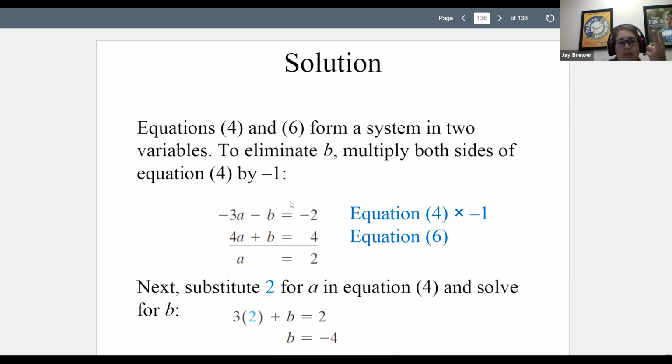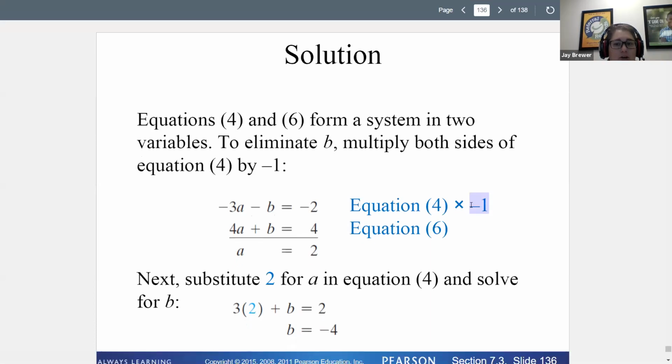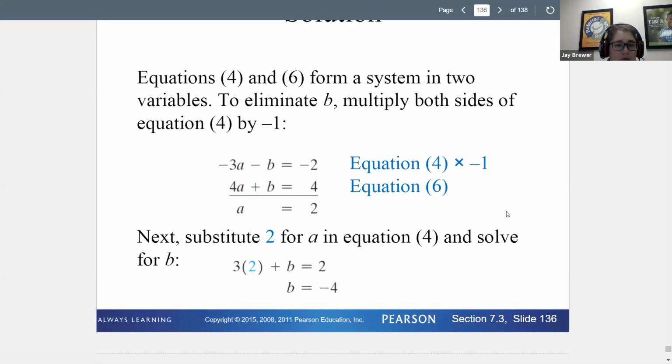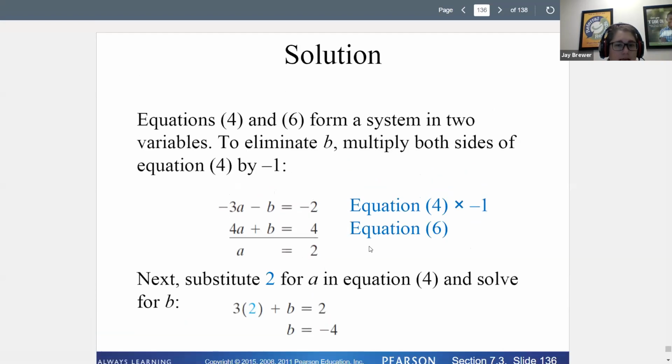Now, there's two different ways you could have approached that. You could have divided equation 5 by 2, which they did. The other approach is instead of doing any division and getting a third equation and potentially getting confused, you could have left it as 8a plus 2b equals 8. What you would have then had to do is instead of multiply by -1, you would have multiplied by -2. And you still would have worked out to get the same answer, a equals 2.